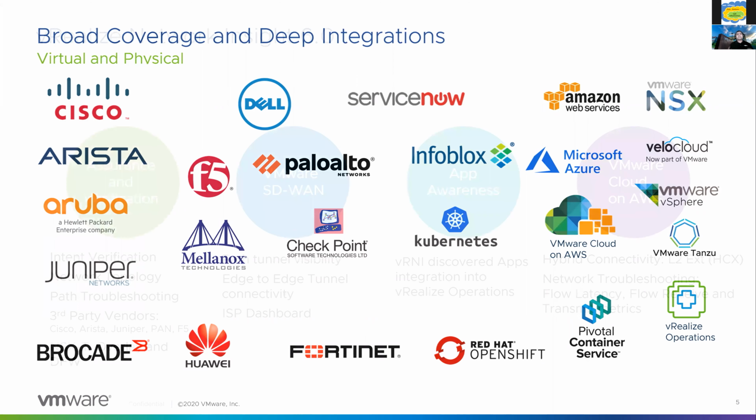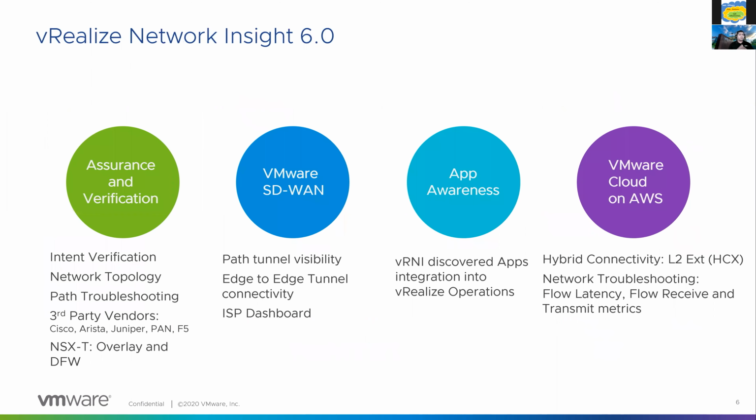Now, we'll straight away get into what's new with 6.0. So 6.0, at a very high level, the key features which came in were around these four. One is the assurance and verification, which comes from VeriFlow. VeriFlow was one of the technologies which VMware acquired sometime last year, and it came with features around network modeling, right?